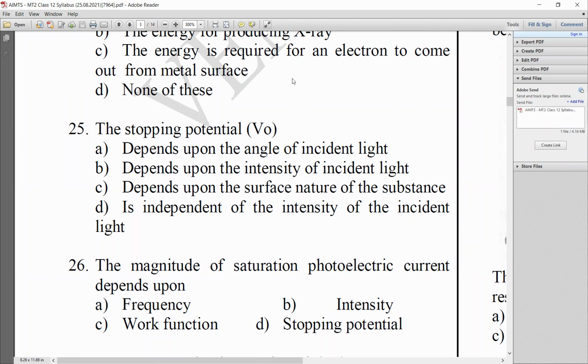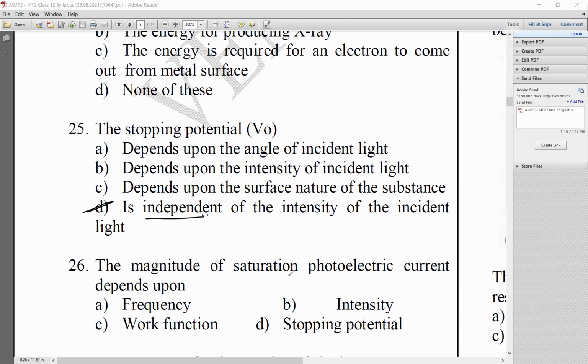No. See, photocurrent depends on intensity, whereas stopping potential depends upon the frequency, the energy of light which is being incident. Depends on the surface nature of the substance? No. It is independent of the intensity. So for 25, the fourth is correct.